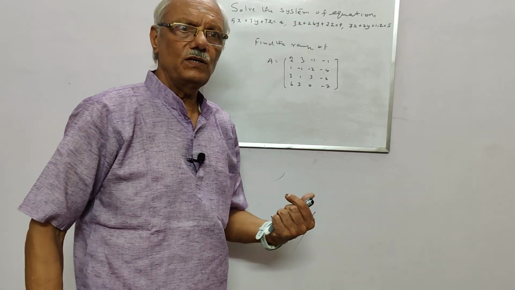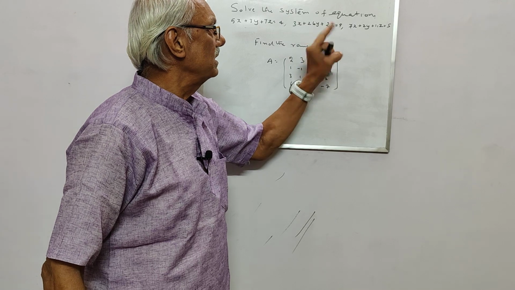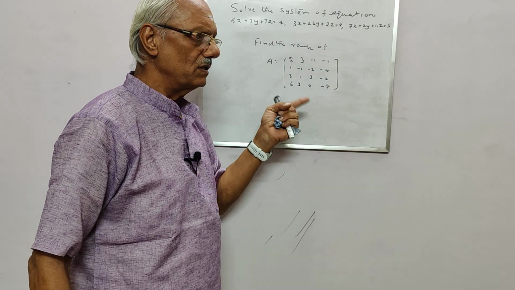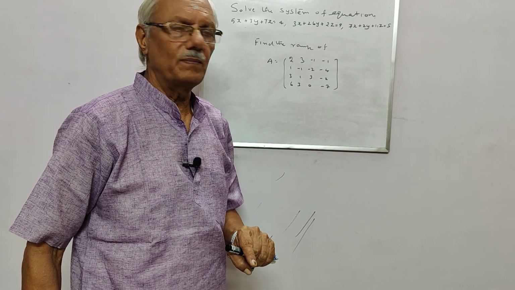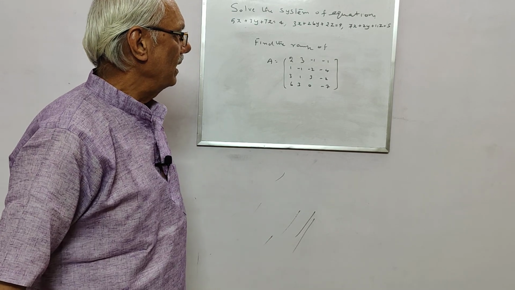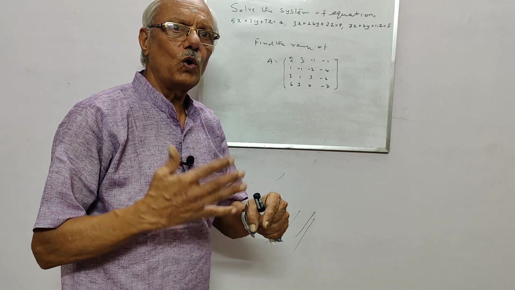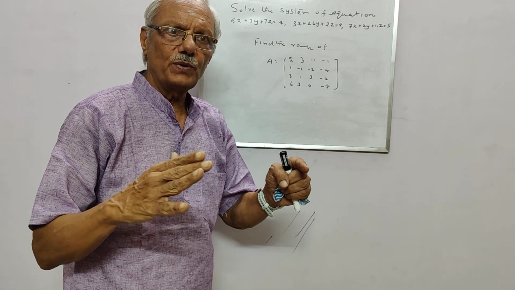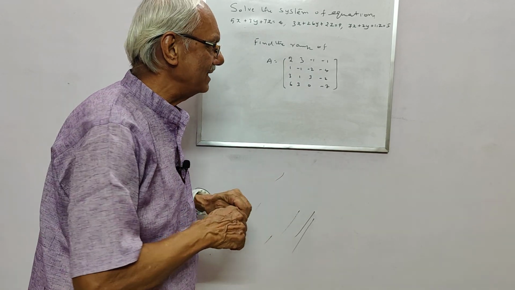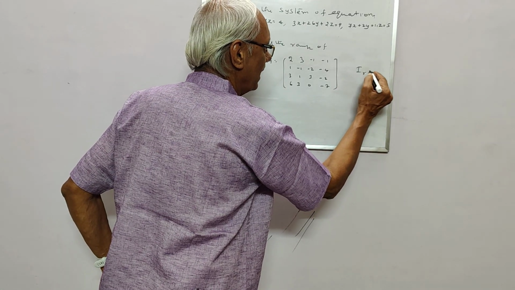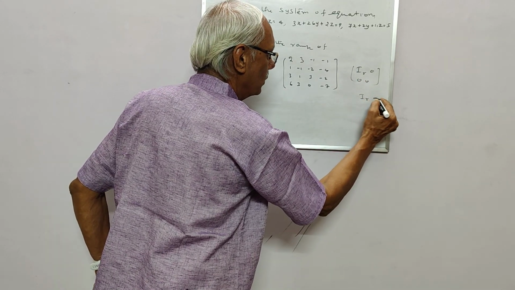This is the continuation of my last class. This problem is yet to be done, and I have taken one more problem in finding the rank of the matrix. As I have explained already, you go for all row and column operations and try to bring it to a form like [I_R 0; 0 0], or [I_R 0].